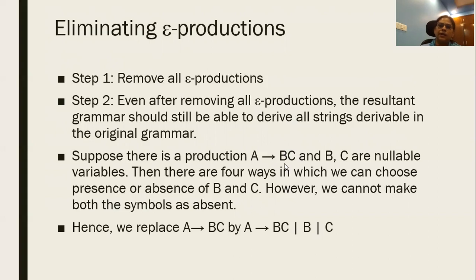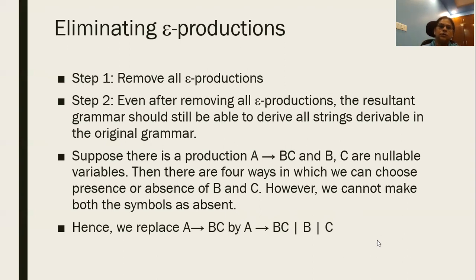So it may happen that B and C both derive non-null strings, or that one of them is null, or that both of these are null. So this gives rise to four combinations, one of them being epsilon. Anyway, we are removing epsilon productions, so we remove that. So what we do is we replace A derives BC by three productions: A derives BC, A derives B and A derives C, so that all the combinations are covered.